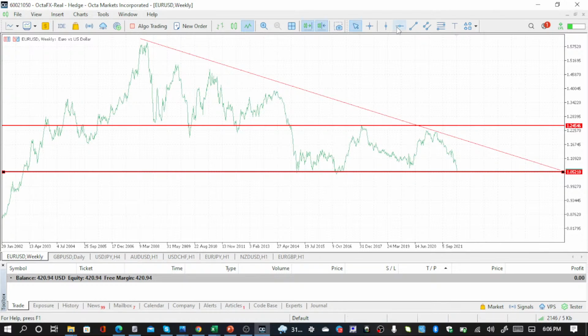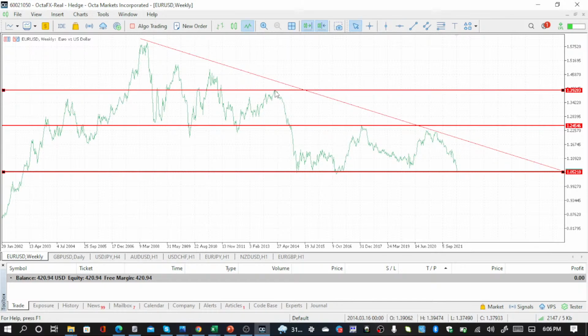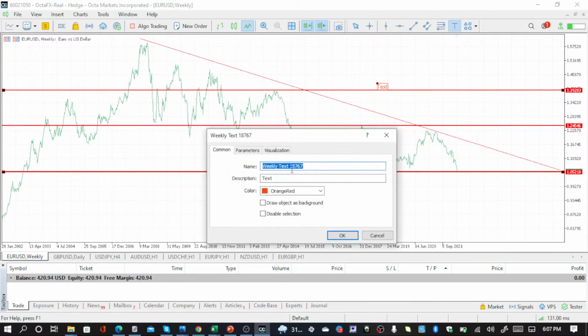Can you see what I'm doing? I'm elaborating currently on this. So this level, let me put a tag on it so that we can grasp what I'm saying.